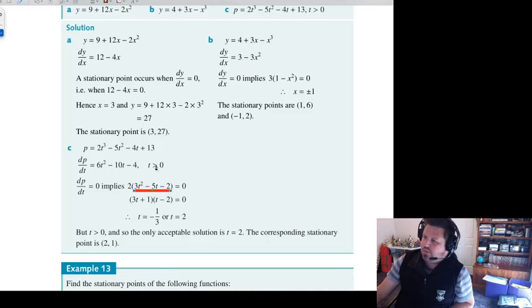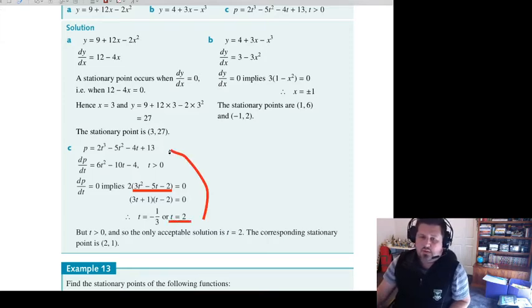Again, because there was a restriction on the domain, you're only after the solution where t is greater than 0, so that's this one that we're going to be choosing. Given now we know that the stationary point occurs at t equals 2, substitute that back into the original equation and you'll get the corresponding stationary point, which is (2, 1).